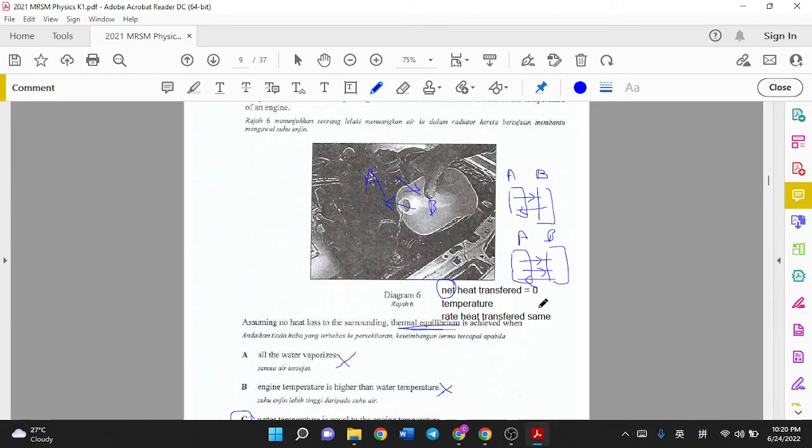So the net heat transfer here will be 1 joule, because 2 joule from A to B and 1 joule from B to A.